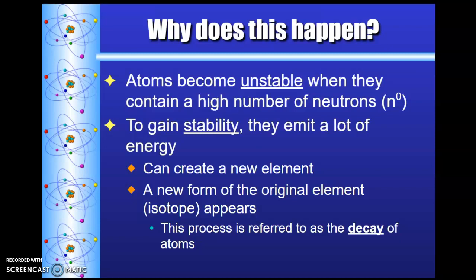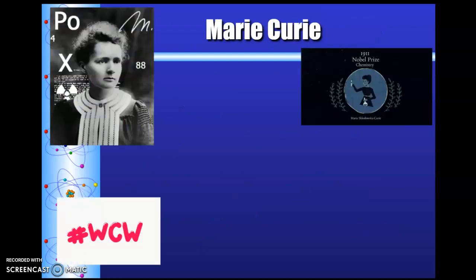And when it's trying to release energy, trying to get rid of particles inside the nucleus, all right, some things can happen. One, it can create a new element in the process. It can create a new form of the original isotope. And we call this process decaying. It is trying to become more stable. It is trying to find a happy medium, a good ratio between protons and neutrons inside that nucleus.